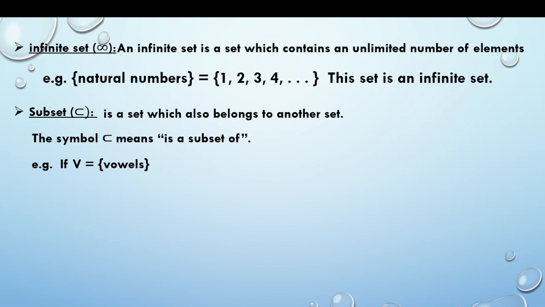For example, if V is a set of vowels and A is a set of A, E, I, then we can say set A is a subset of set V, meaning that the members which are in set A are part of the members which are in set V.